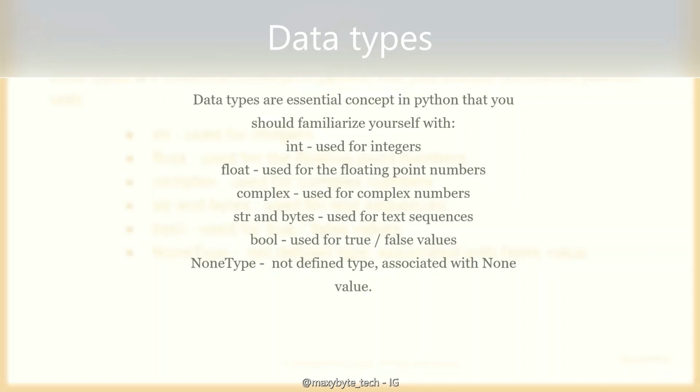So at this point, you just have to know that data types are something very essential when you are programming. And it is something that you will keep on using throughout your programming career. So we are going to make things very easy for you to understand.